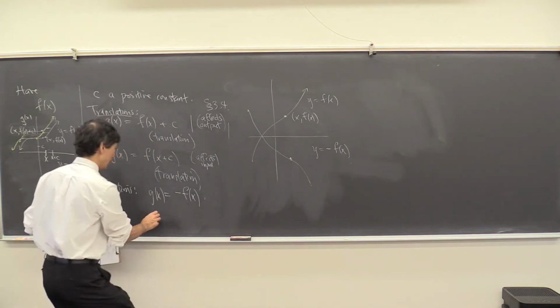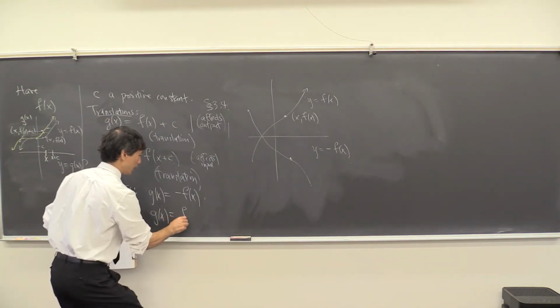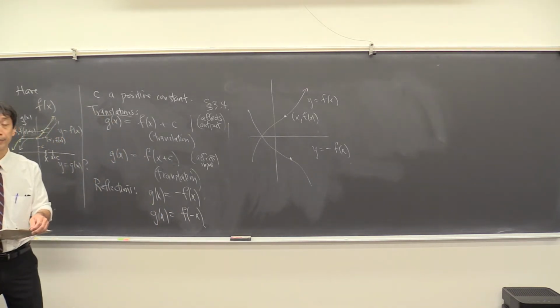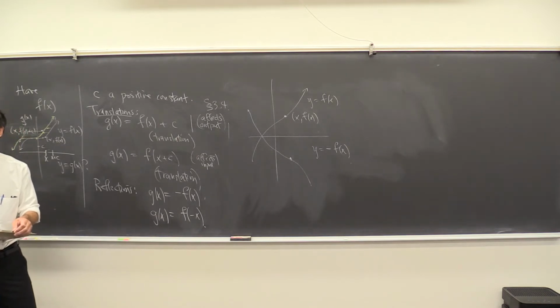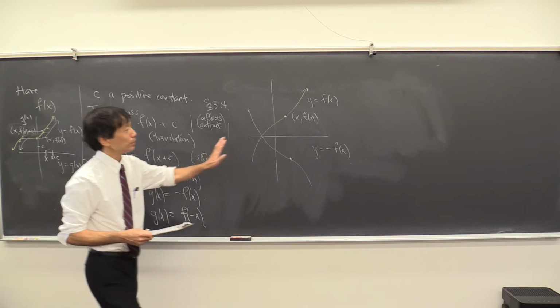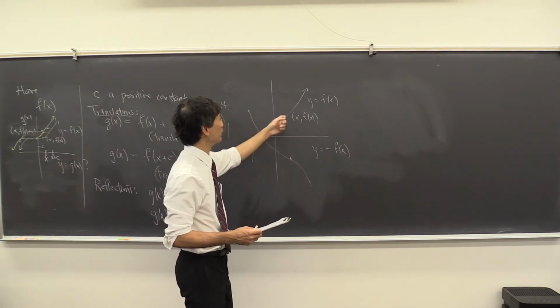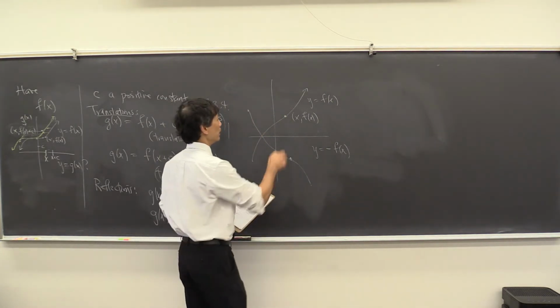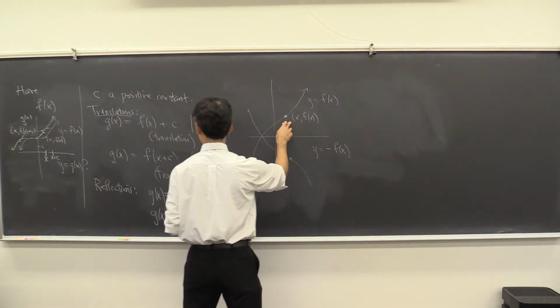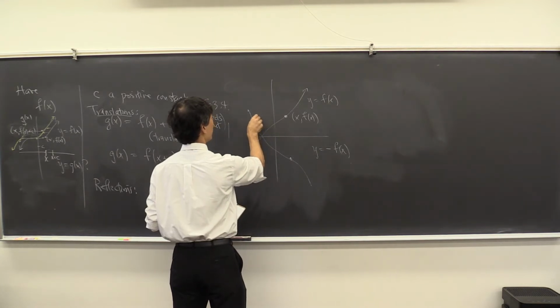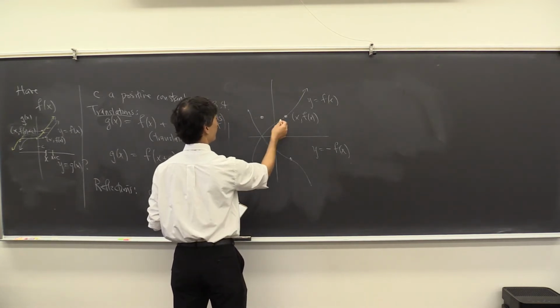And what about if I have g of x as f of negative x? What would that be? If I did the other way across the y-axis. Yes. So you take all the x values and reverse them. That is, you would reflect it across the y-axis. So this value at x would occur at negative x.